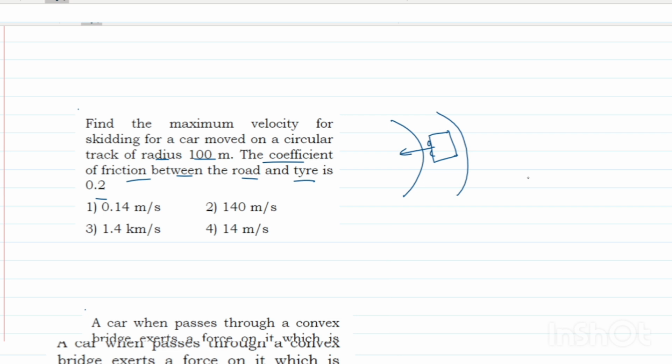It is the maximum static frictional force, and this maximum value is going to provide the centripetal force mv square by r.